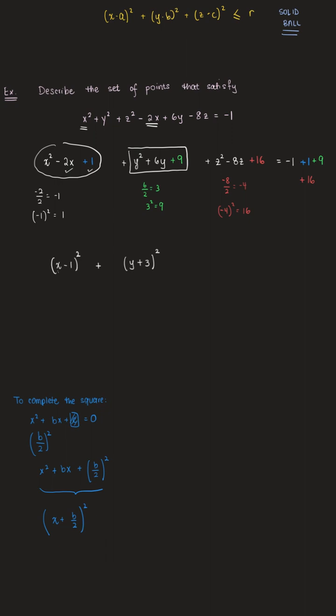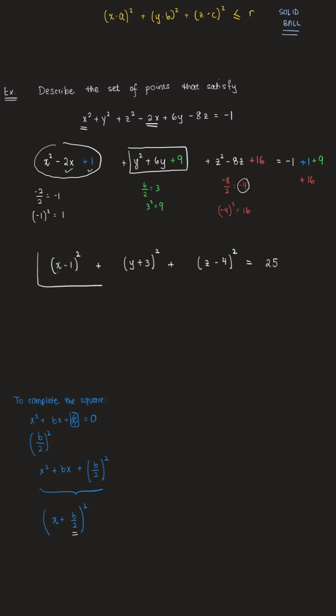You can also check that by multiplying it out. And the third one will factor into z minus 4 squared. You can check here that what we're adding is the b over 2, and the b over 2 was -4. Great, and now on the right side the ones cancel, and 16 plus 9 is 25.